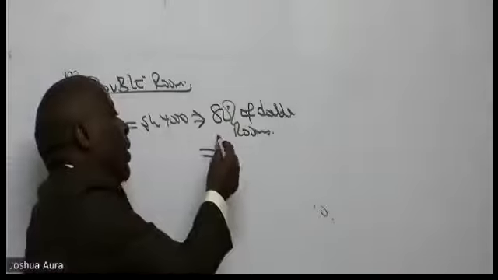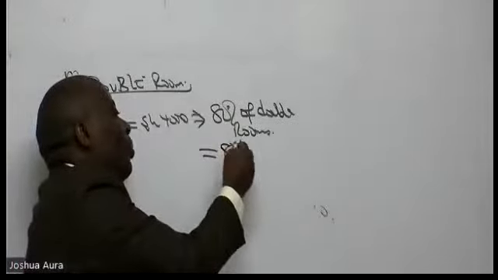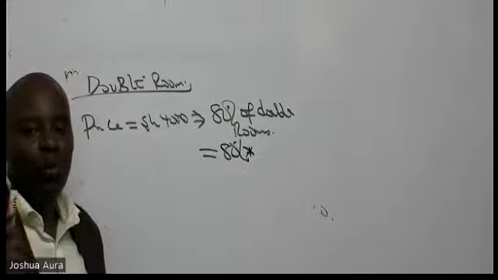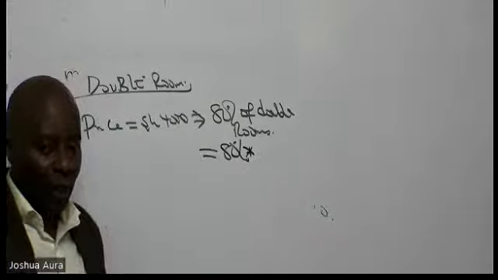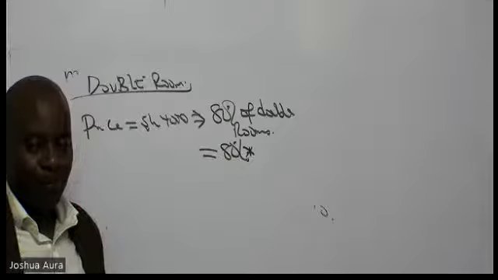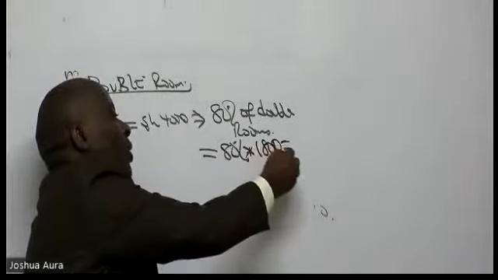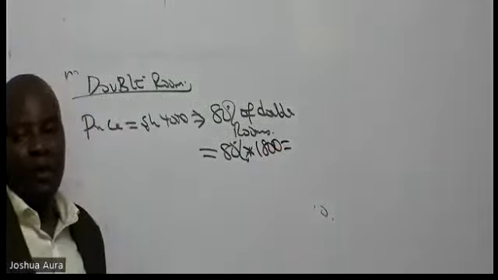So remember up there, you guys had given me the double rooms that are available. Is there somebody who is able to remind us the number of double rooms that we have from the working we did up there? 1,800. So 80% of 1,800 gives me how much?